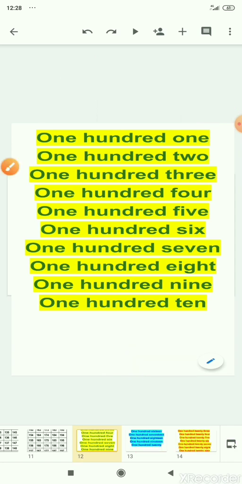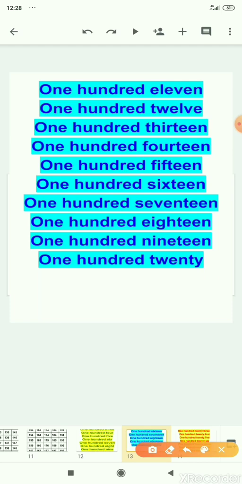After 110, here we have spellings from 111 to 120. I know you know the numbers from 111 to 120 very well, because we have done them earlier. So it is very simple to write all these spellings, because 100 is common in all these numbers.